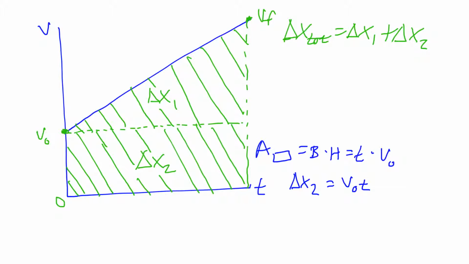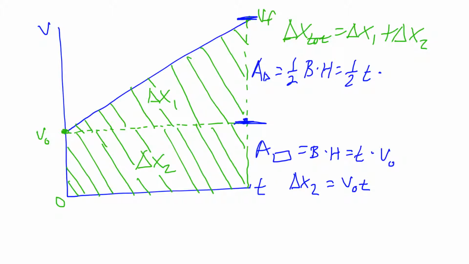Now let's look at the triangle up here. We know that the area of a triangle is equal to 1/2 the base times the height. So we're going to get 1/2, now the base is time, times the height, which is this right here, from the final velocity to the initial velocity.